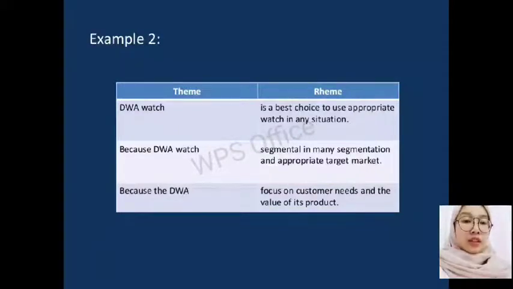And also the third clause, because the DWA focus on customer needs and the value of its product. The constant theme pattern is employed by repeating the theme in clause 1, DWA watch, as the theme in clause 2 and also as the theme in clause 3.